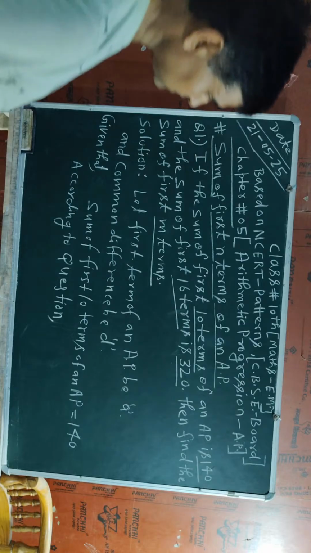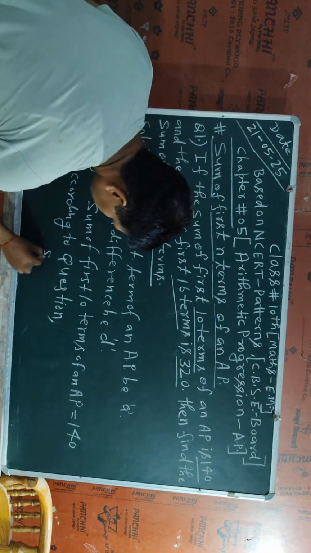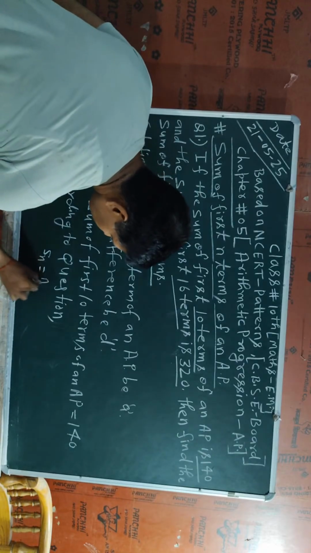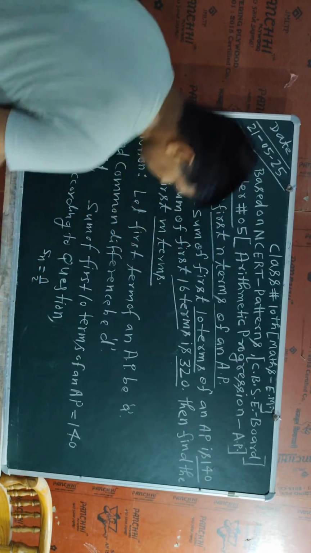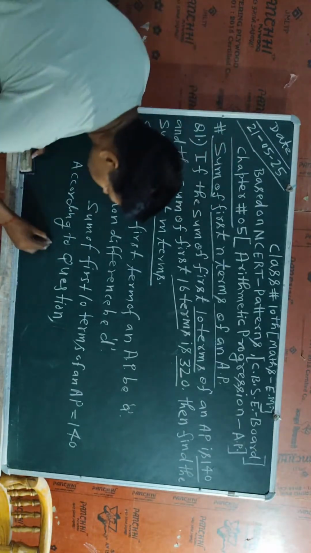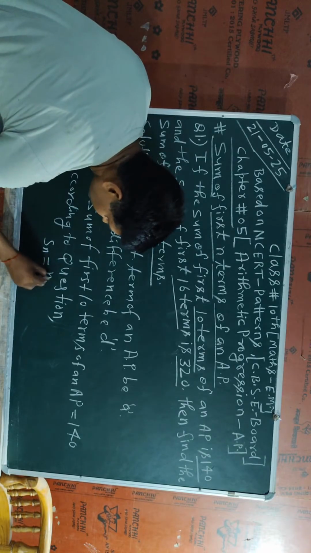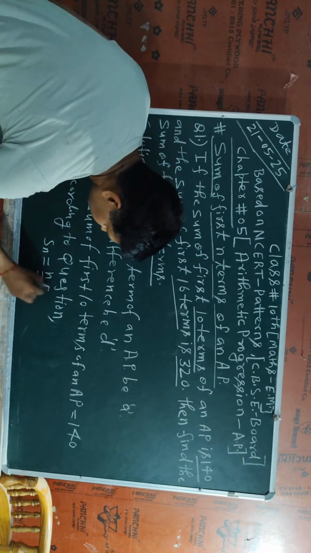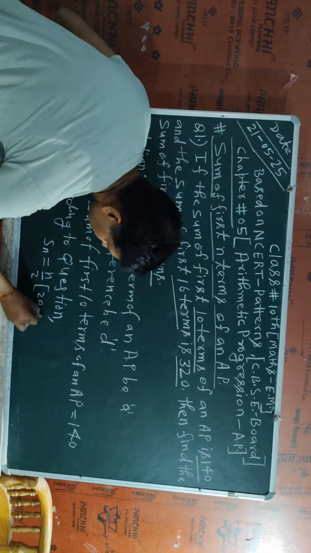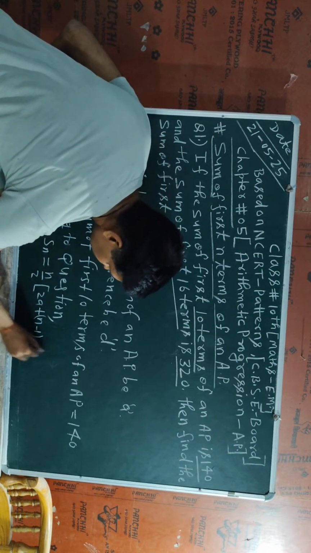According to question, I will write S_n. S_n is equal to n divided by 2. Here I have to write S_n is equal to n divided by 2. In the bracket I have to write 2a plus (n minus 1) into d.